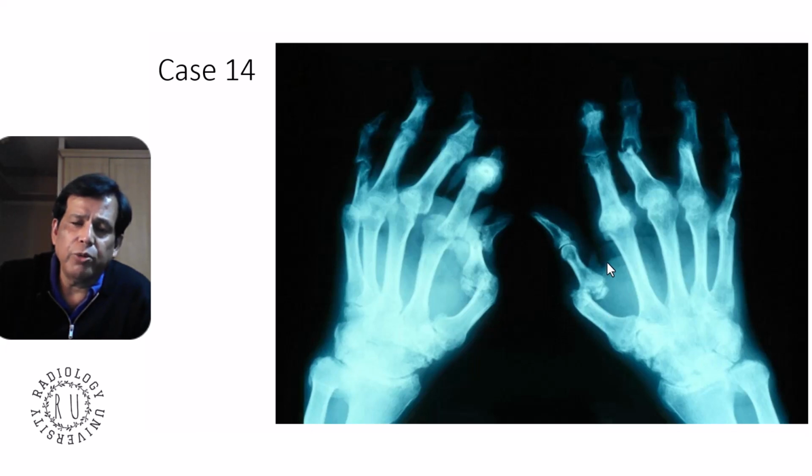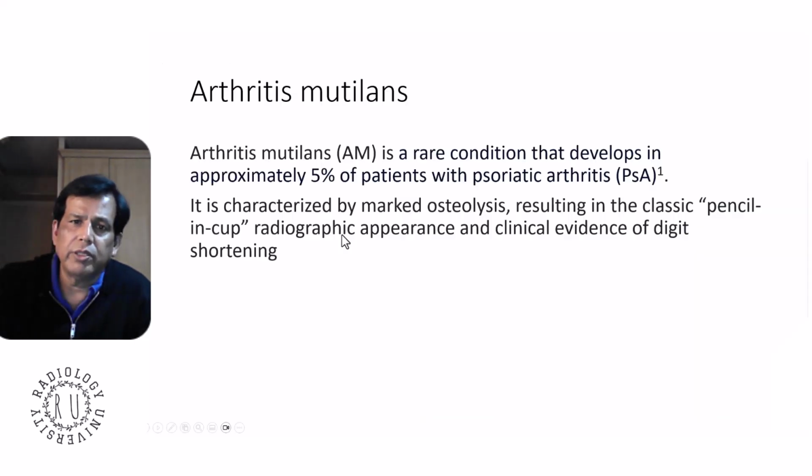In psoriatic arthropathy, when it's very aggressive and in the late stage, you get a deformity called arthritis mutilans. It's a rare condition. Only in 5% of psoriatic patients do you get this stage. It's not very common to see. And marked osteolysis, cup and pencil, shortening of the digits due to the deformity and acro-osteolysis.